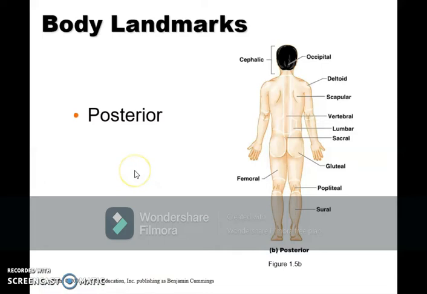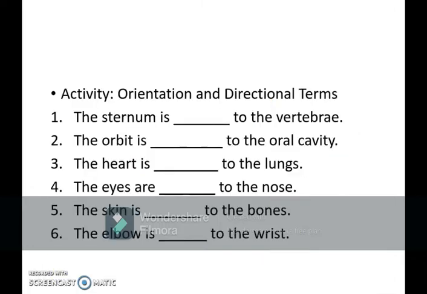So before we proceed with our next discussion, I would like you to have a simple activity about this. We have here a simple activity about orientation and directional terms. Kindly answer this in your Google Classroom. Number 1, the sternum is blank to the vertebrae.